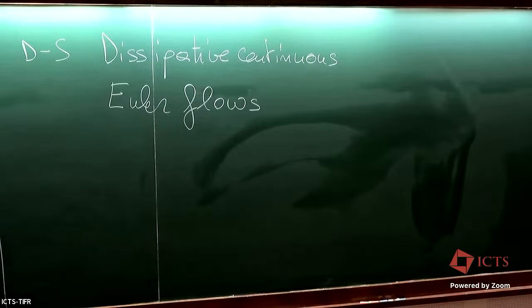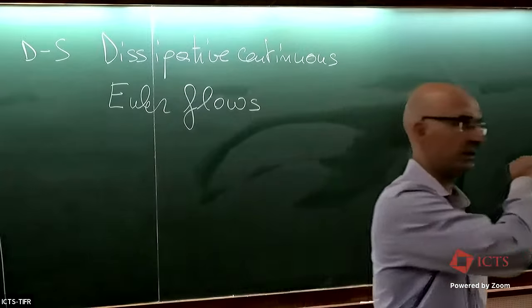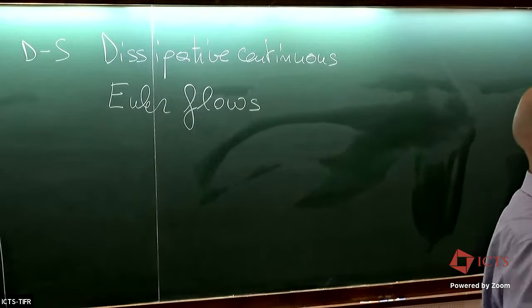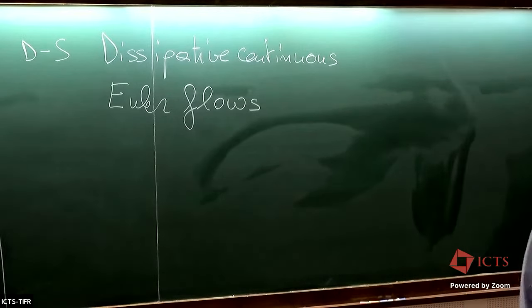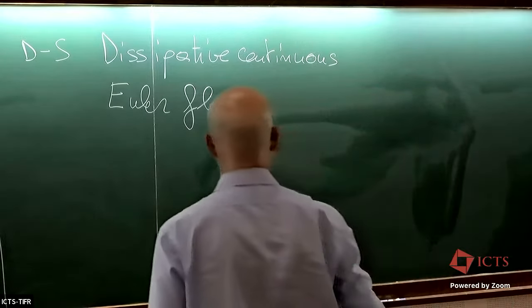And I will produce a pair which solves this and which has exactly that function. So in particular, if you choose that function to be strictly decreasing and say sufficiently regular and positive, you will have a dissipative, what we call the dissipative continuous Euler flow. Okay?